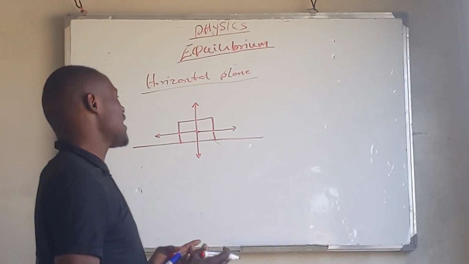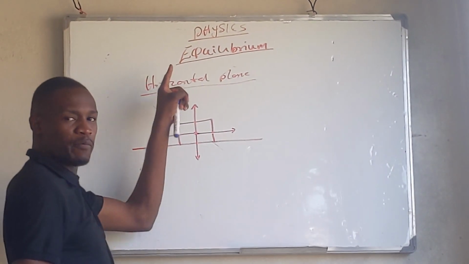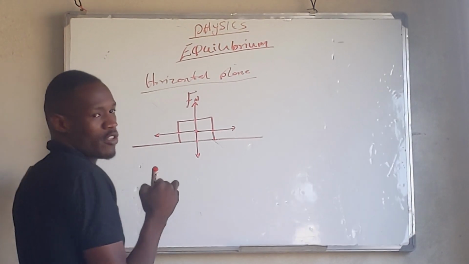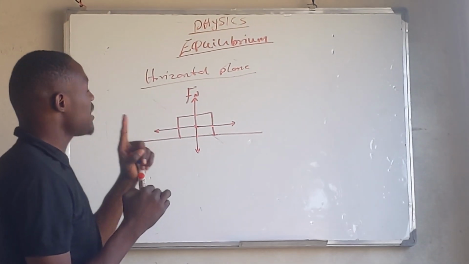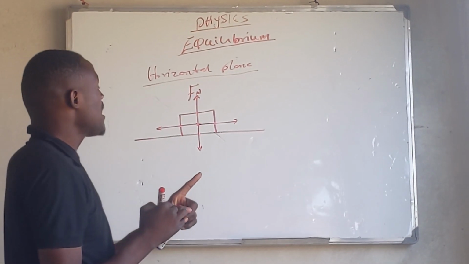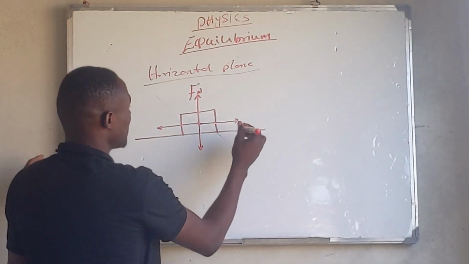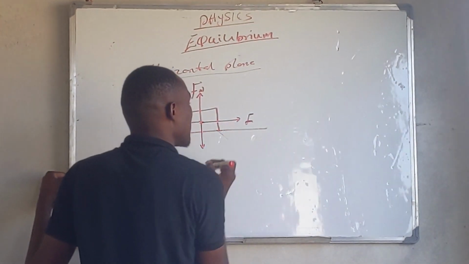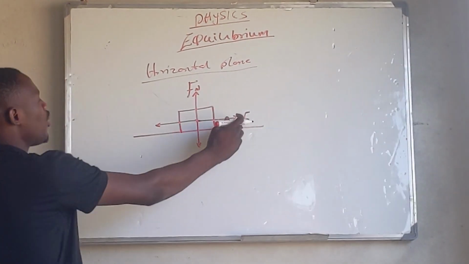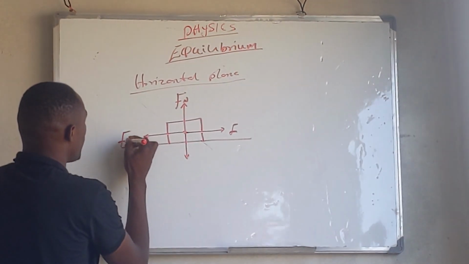Now, what are these forces? The force which is pushing this object upwards is called normal force. So it is normal force. The force which is trying to move this object forward is the force which is applied to the object. So we can just put this as F. Then we have the force which is opposing the motion of this object, which is the force of what?